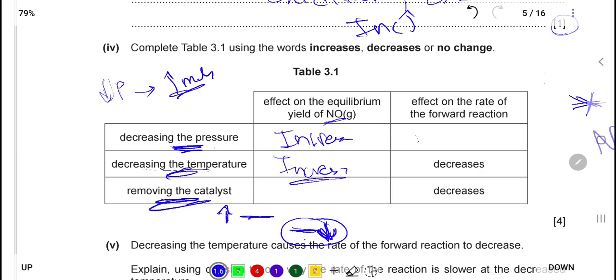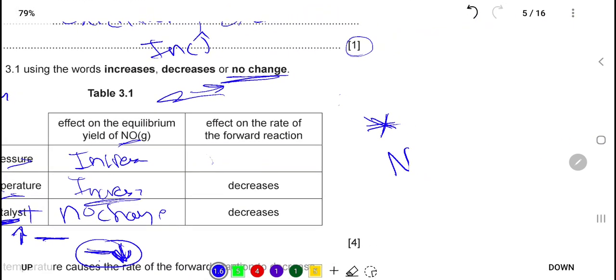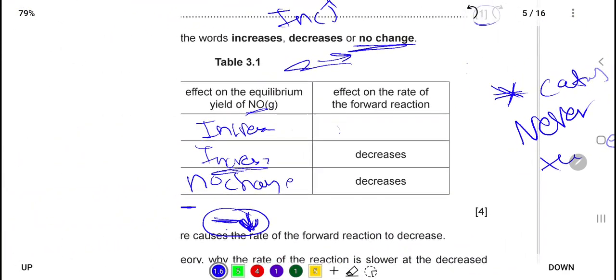It will never do that. The catalyst will never shift the equilibrium into the product side or the reactant side, like pressure and temperature do. The catalyst never makes any change, so you must write no change. You need to remember it: the catalyst never changes the equilibrium.